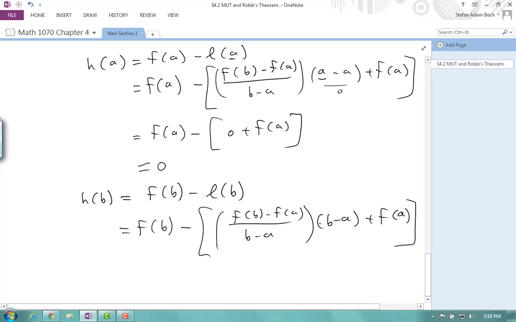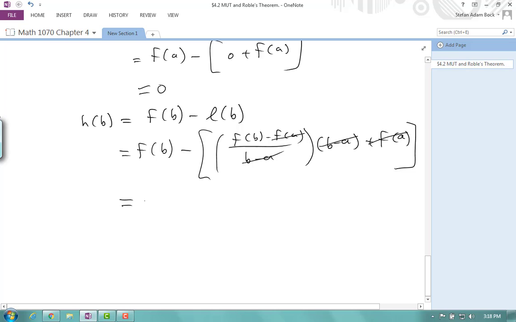And now what happens? The B minus A's cancel, leaving me with f(B) minus f(A) plus f(A) on the inside. So now the f(A)'s cancel, leaving me with f(B) minus f(B) here, so the f(B)'s cancel, ending up with 0 again.